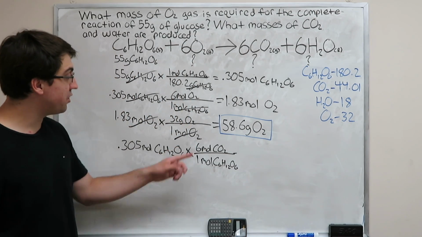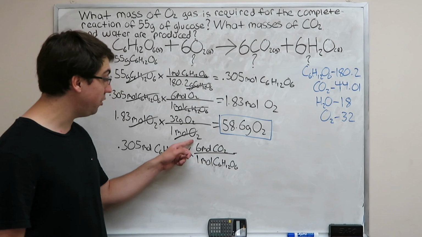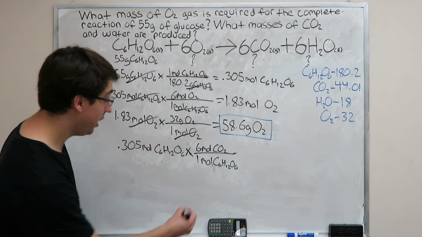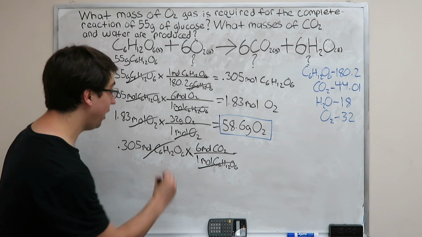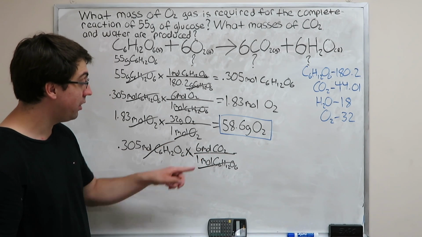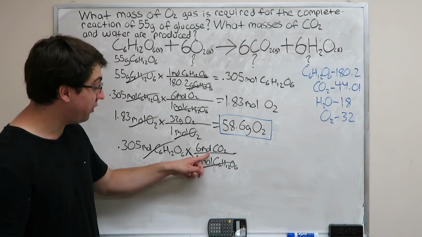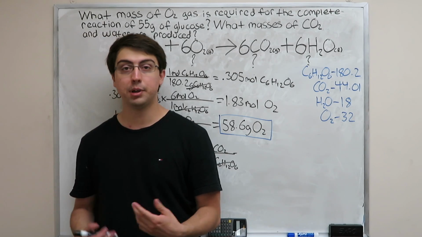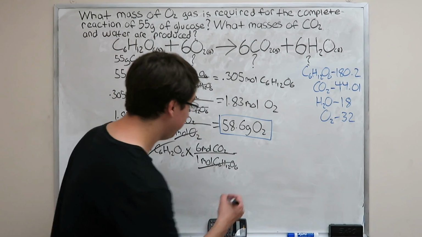This is our stoichiometric factor. It shows that 6 moles of CO2 is produced for every mole of glucose. The moles of glucose will cancel out, leaving us with moles of CO2. But now we need to convert the moles of CO2 to grams of CO2, and I'm going to combine this in one step.